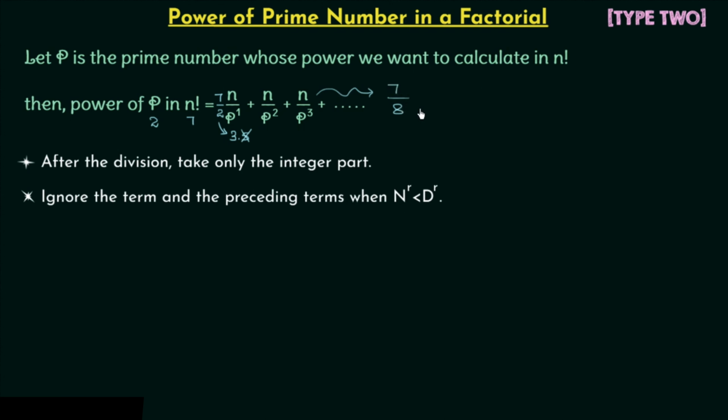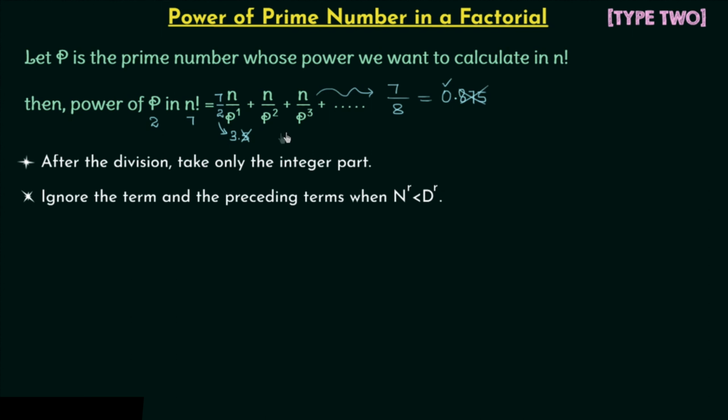Numerator is less than the denominator, and from here when you perform the division, you will have 0.875. And as per our rule number 1, we will select the integer part and we will reject the decimal part. So we are getting 0 from this term, and adding 0 to these two terms, the result is not going to get affected.